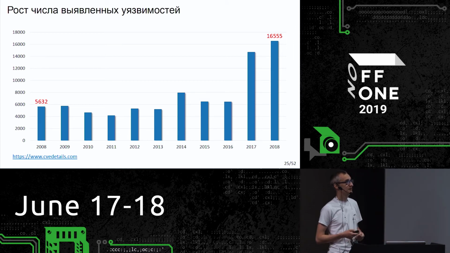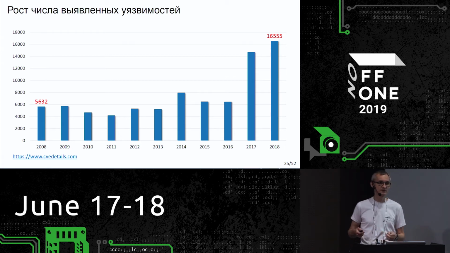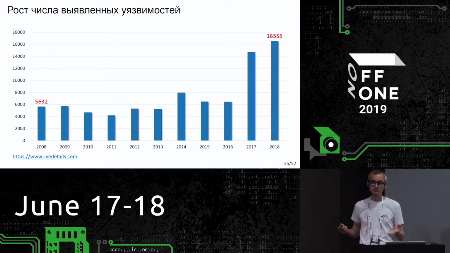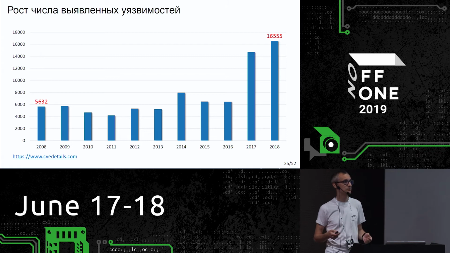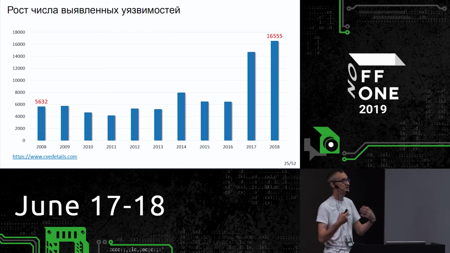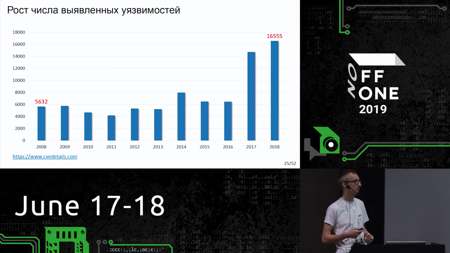Probably it's not connected with the fact that there are more mistakes and vulnerabilities. I think it's because there's more interest, and usually it's community work or enthusiasts looking for mistakes and vulnerabilities in the code. There are special sites, special programs to do it.